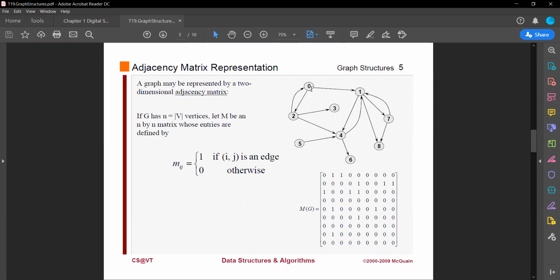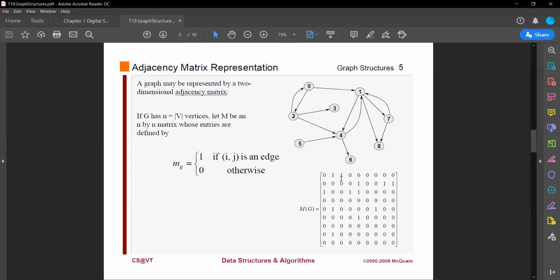Now, is there any path from 0 to 0? No, there is no path from 0 to 0. That's why we put 0 here. Is there any path from 0 to 1? Yes, there is a path from 0 to 1. Just put 1 here. Is there any path from 0 to 2? Yes, that's why we put 1 here.